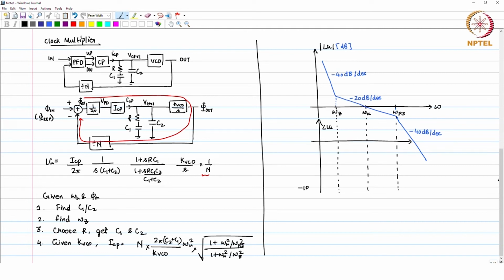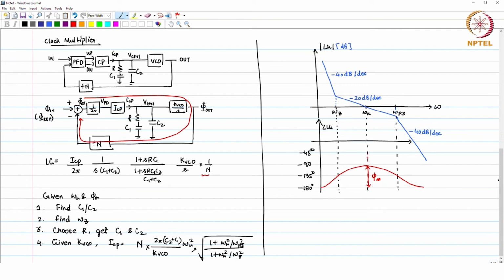You are going to start from minus 180 degrees, it will be minus 135 degrees here, and then whatever phase margin you desire, you will get this phase margin with maximally flat at unity gain frequency. This is what you will get. This is maximally flat and your phase margin is phi m, whatever you desire.